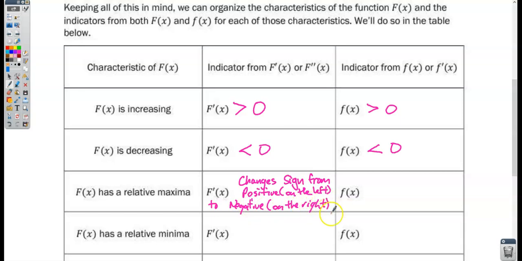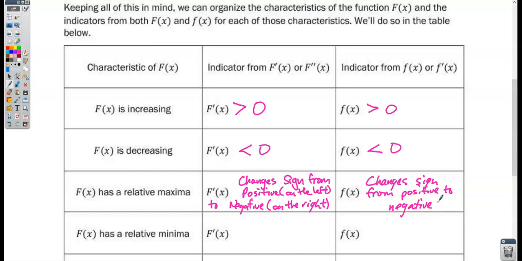And similarly, if capital F of x has a relative maxima, lowercase f changes sign from positive to negative. That's indicative of a maxima.